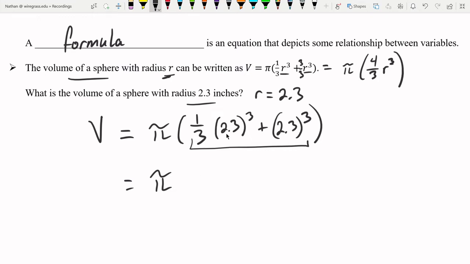In this case, let's just keep going with how this is written. We have to do exponents first, of course. So these two things must be done first. So we get 1/3, and 2.3 cubed is 12.167.